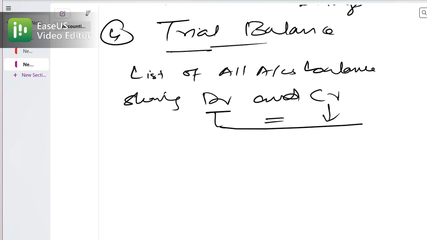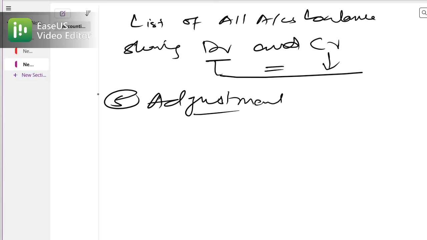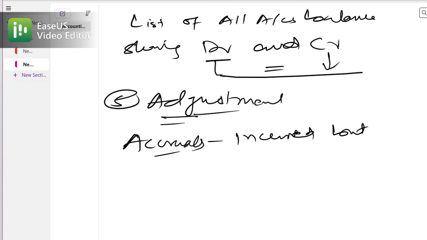After that, the next step is the adjustment. This is the adjustment stage. In a period, we make adjustments, and you know why we are doing this? To reflect reality and accruals. Accruals means expenses incurred but not yet paid.